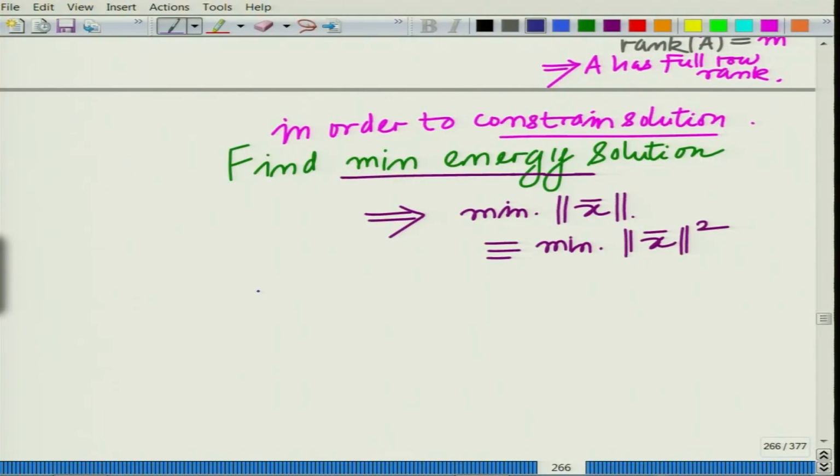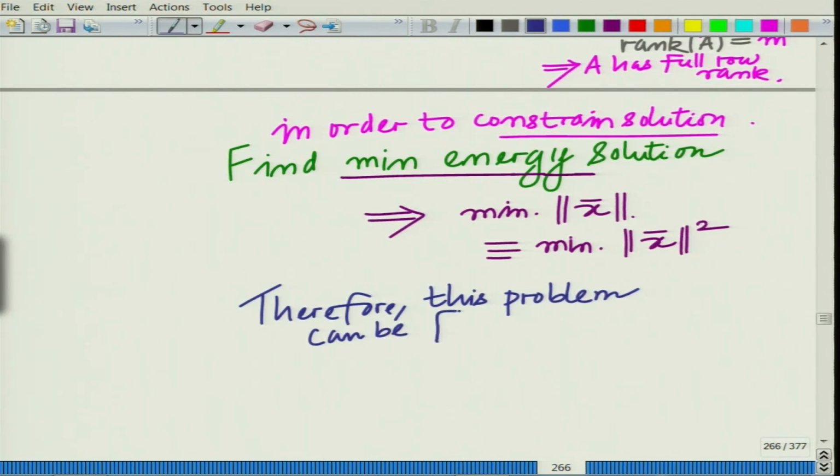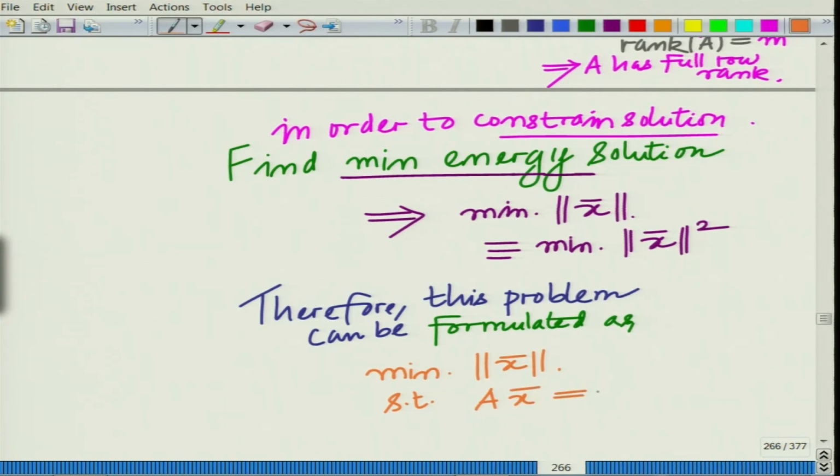And therefore, this problem can be formulated as: minimize the norm of x bar subject to the constraint A x bar equal to b bar, right.